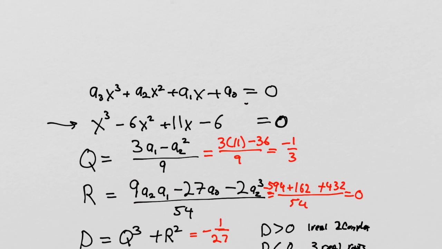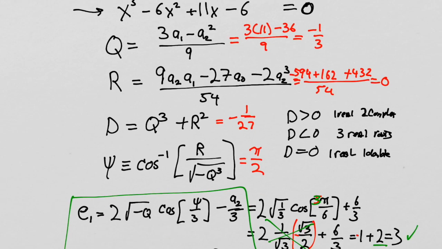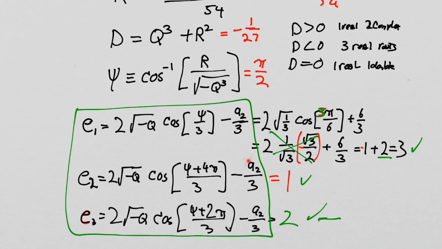And then we were also able to attack the expression if, when we had analyzed the original polynomial, Q, R, and D were such that we had 3 real roots. We would have used this method, which was a bit of a trigonometric method. But I should say something about the trigonometric method: there are other ways of looking at this that are completely equivalent, but you end up with an arctangent here instead of an arc cosine.